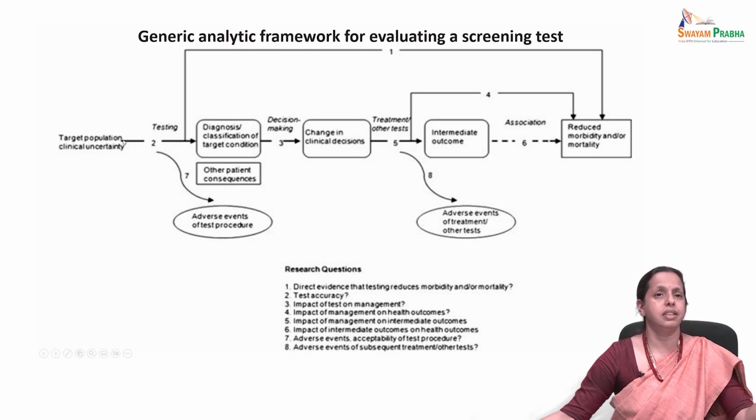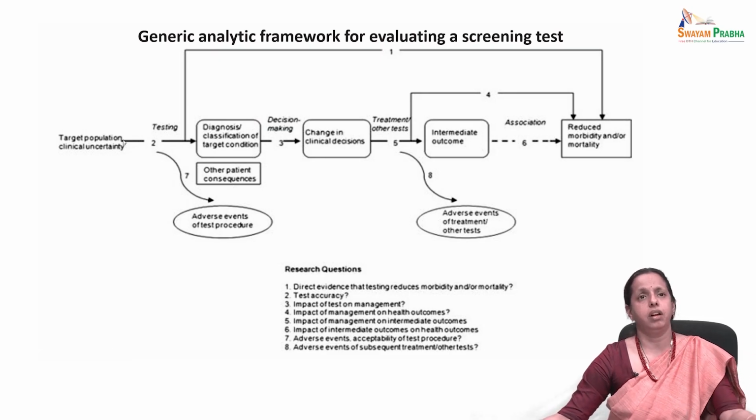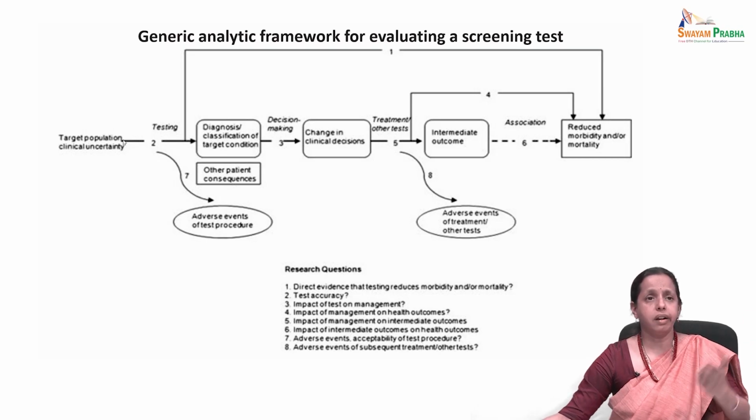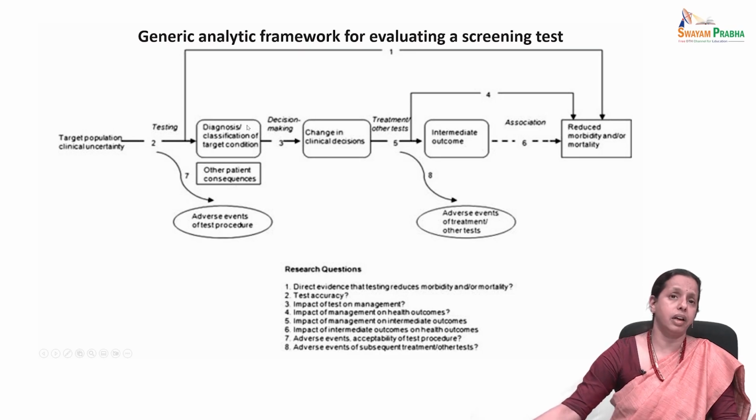For the target population, I take all these women, for example, if it is for breast or cervical cancer, or men for lung cancer and other scenarios. Age is also a very important factor. Then, having defined the target population and its uncertainty, we go ahead with testing and diagnosis.